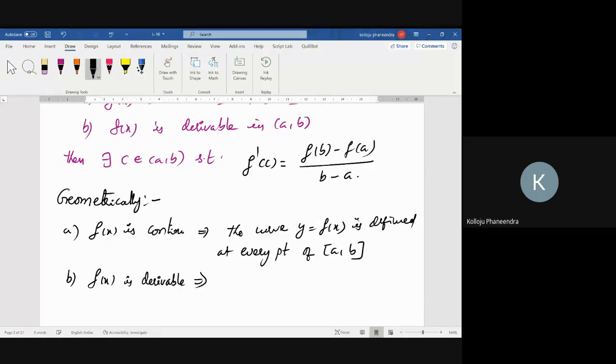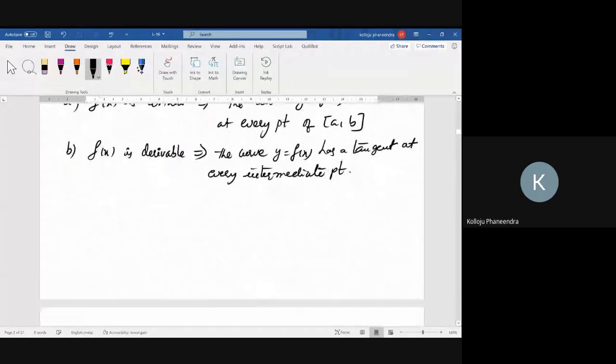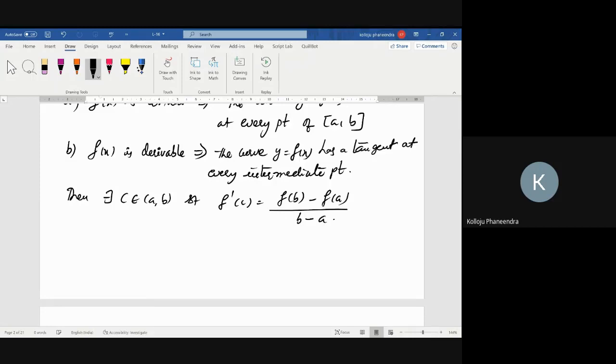Second one, f of x is derivable means the curve y equal to f of x has a tangent at every intermediate point. Then what is the conclusion? There exists C belongs to open AB such that f dash C equal to f of b minus f of a by b minus a.